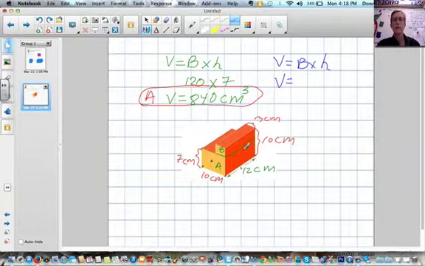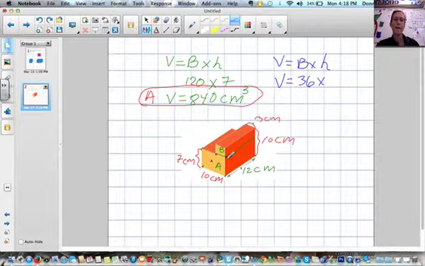If I look at this, this is the part it's sitting on. So what is the distance from this point to this point? I can see that from here to here is going to be the same as from here to here, and I already know that's 3. This is the same length as it is here, so it's going to be 3 times 12. So the area of that base is 36, times the height.